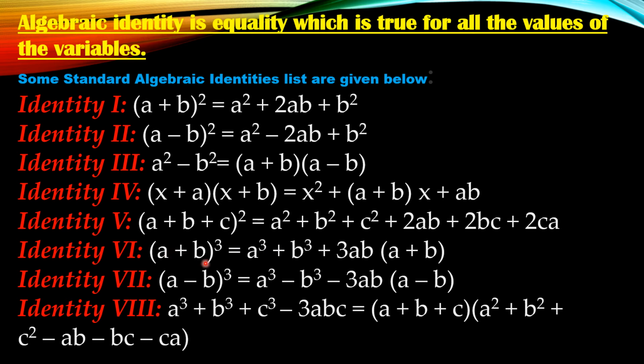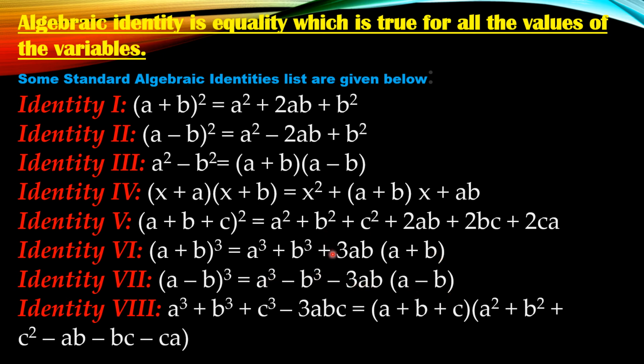Sixth, (a + b)³ = a³ + b³ + 3ab(a + b). And for (a − b)³, we just replace b with −b in identity number 6, so a³ − b³ − 3ab(a − b).